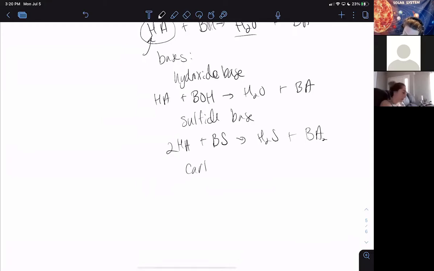We have a carbonate base, where we have CO3, carbonate, right? And in this case, we'll produce water and salt and carbon dioxide.